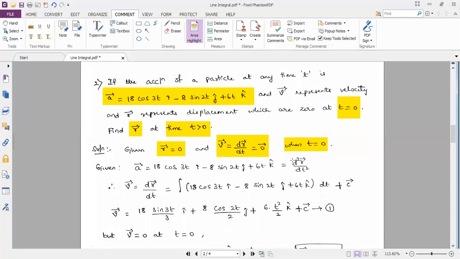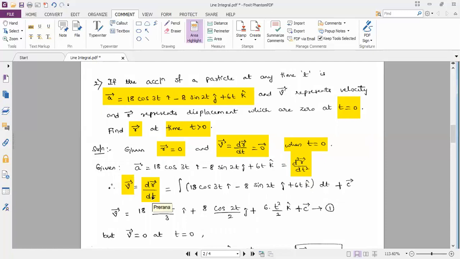Acceleration is always represented by d square r by dt square. So this expression helps me understand that I have to integrate twice to obtain the position vector r. To do that, first we integrate one time to obtain dr by dt, or the velocity v.